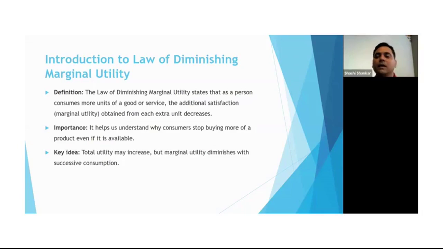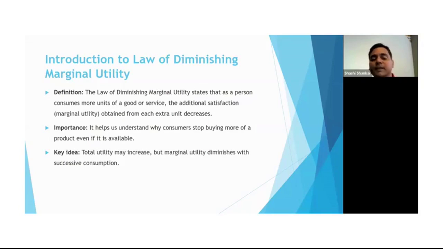All right, now the next one is the key idea. The key idea is that the total utility may increase, but the marginal utility diminishes. It could be a possibility, right? People may consume more, but the marginal utility diminishes with successive consumption.